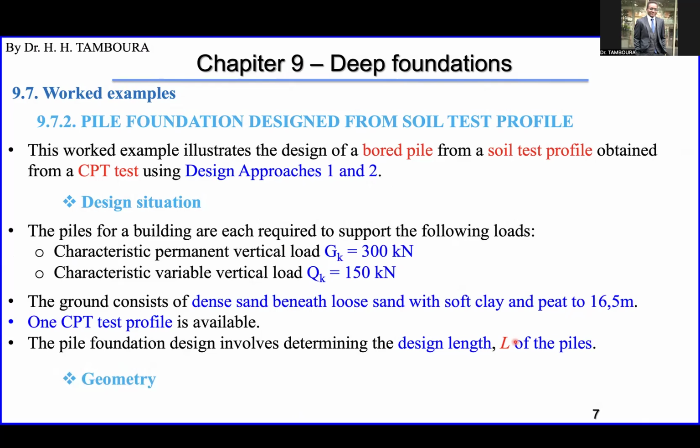So the geometry of the pile, we will come back on the ground profile, okay? The geometry of the pile is then, as I said, diameter 0.45 meter, okay? So it means you have a section of the pile with this diameter, and you want to know how long the pile needs to be to be able to support this load or these loads.